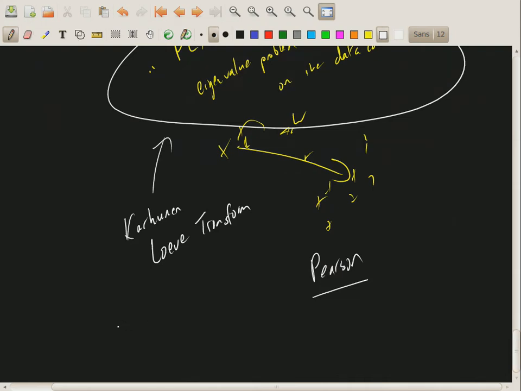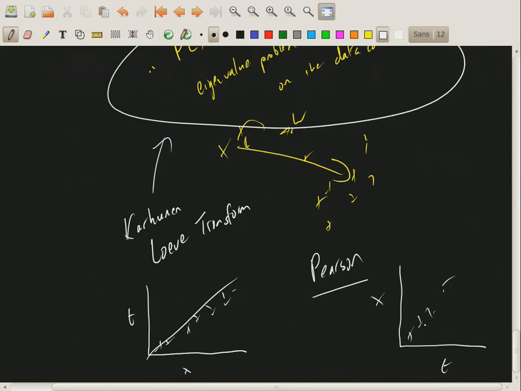Pearson was interested in the fact that if you do a linear regression, so just as a bit of history, if I do a line fit to some data here, I get a line out, yeah? And Pearson pointed out, but if I reverse, this is how Pearson motivated himself, if I try and regress t onto x, which is a one-dimensional thing, I get another line out. It's not the same line. If I reverse these two things, it's not the same line.